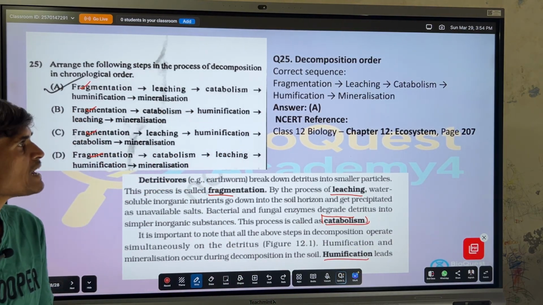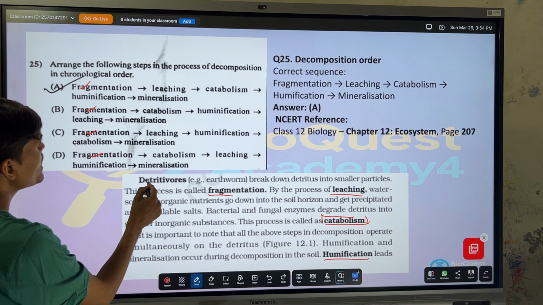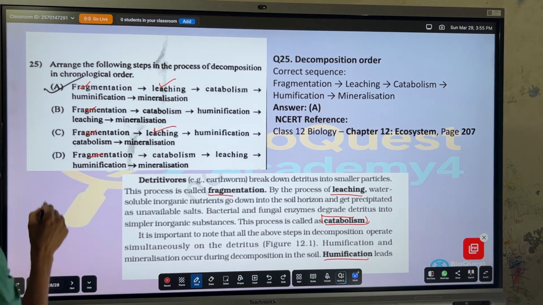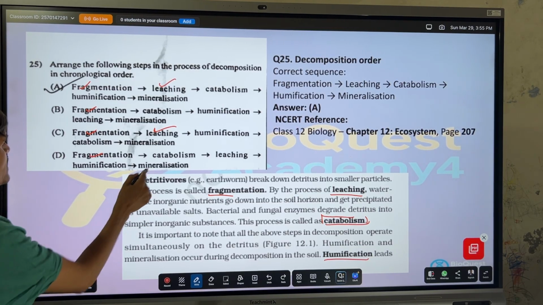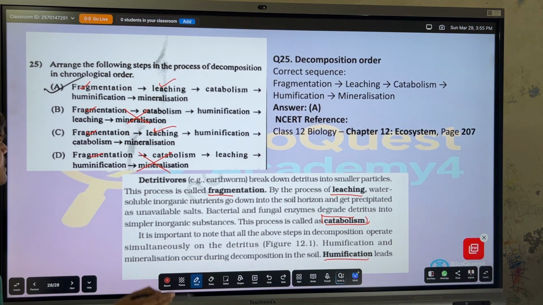So second is leaching, and the third is catabolism. Where do you see leaching as second? In option C and option B. Two places. That means you can directly ignore these two.